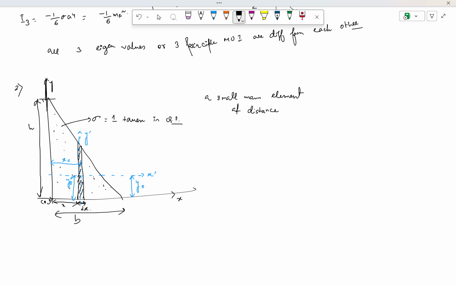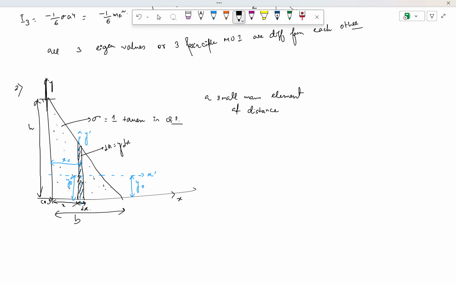This shaded region makes an area dA, where dA is nothing but y times dx, because on the horizontal side this is dx and on the vertical side this is y.